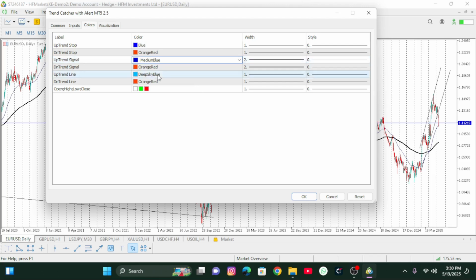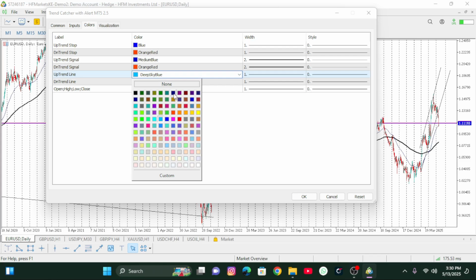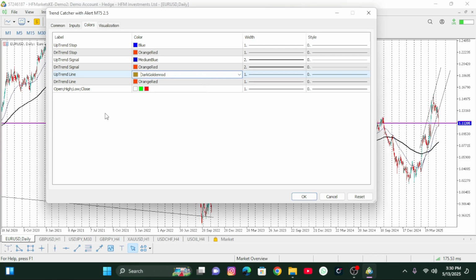My uptrend line, also blue. So also down here, open, high, low, and close. This means this is the color that will be used. So this lime green is the color that will be used to shade every candlestick that is on the uptrend. So I'll give this one also blue. Sorry, I didn't see this one. Also here it's blue. This is my uptrend line.